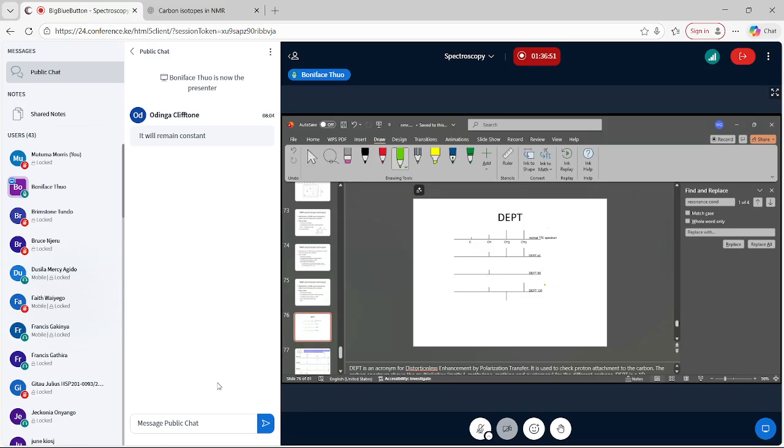And when we go to DEPT 135, those with an even number of protons will have a negative intensity, and the ones with an odd number of protons will appear positive, and those without will not appear at all. So that is another technique for differentiating the different types of carbons, and therefore can be used to gain further information with regard to the structure of these molecules.